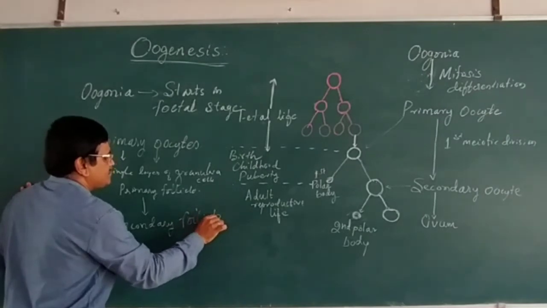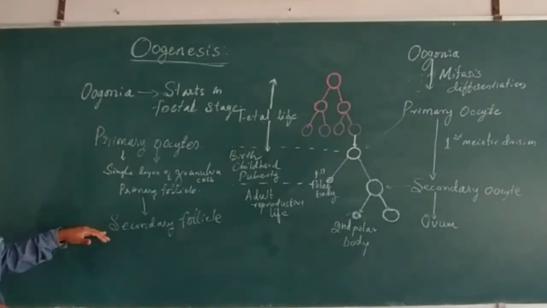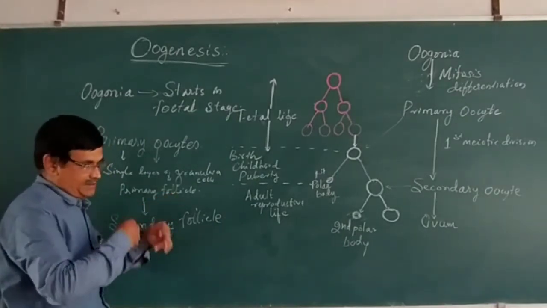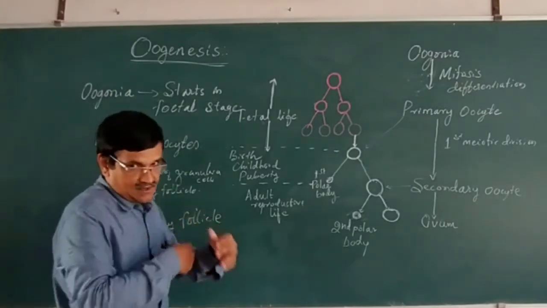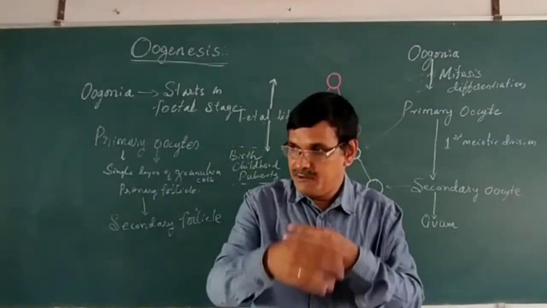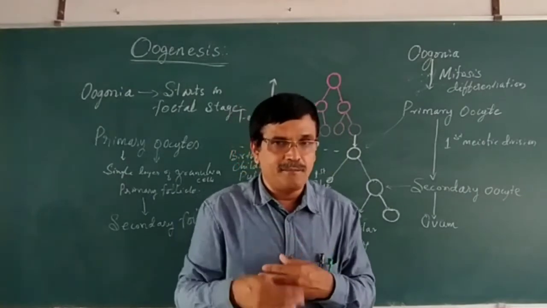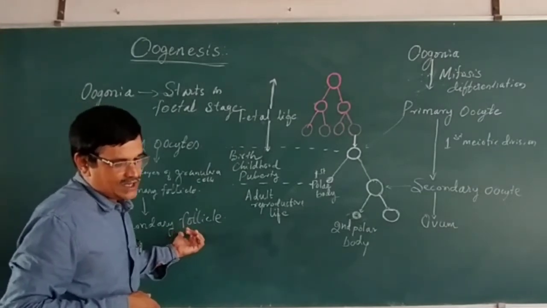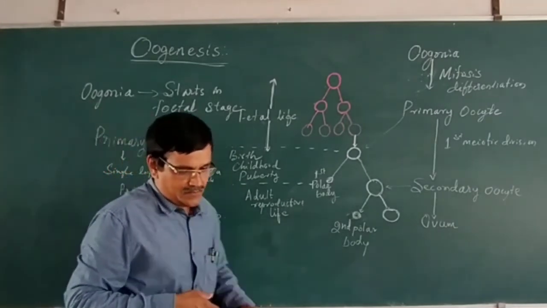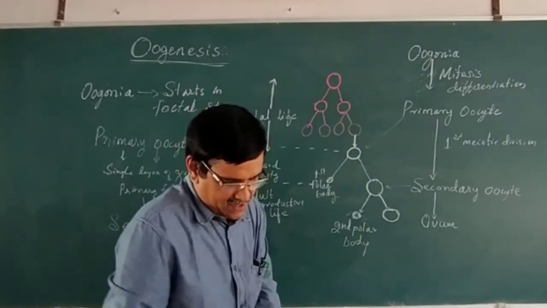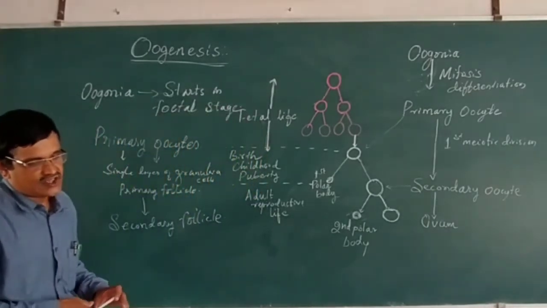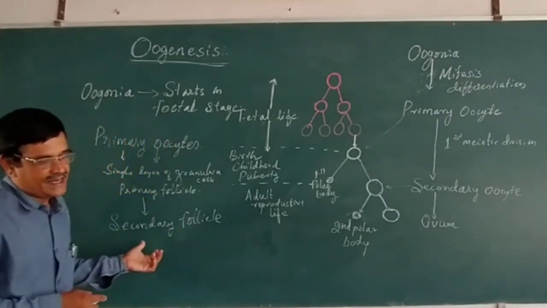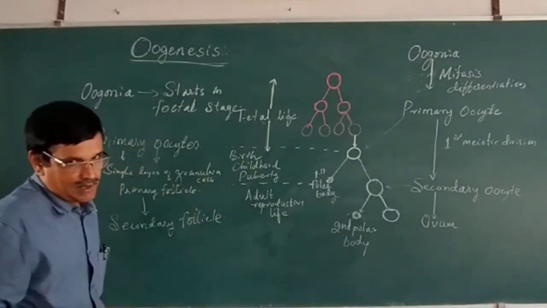Secondary follicles are nothing but primary follicles covered by many layers of granulosa cells, and a new theca is formed. Then the secondary follicle soon transforms into a tertiary follicle, which is characterized by a fluid-filled cavity called the antrum.